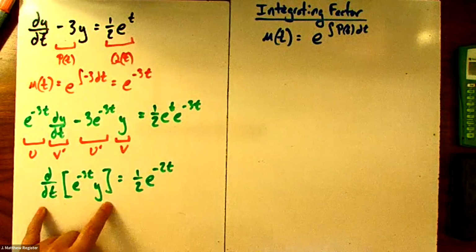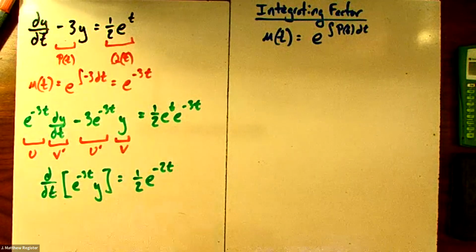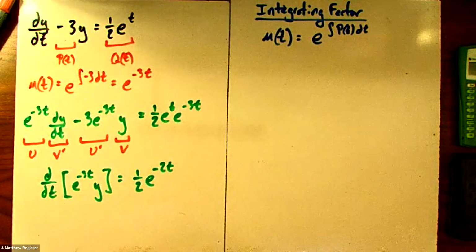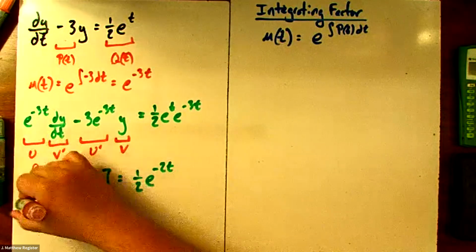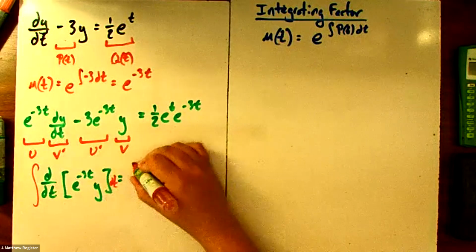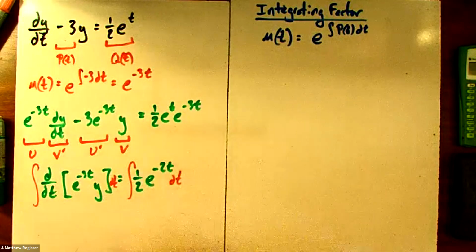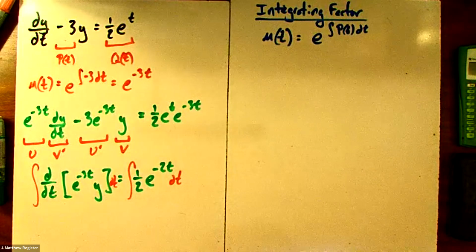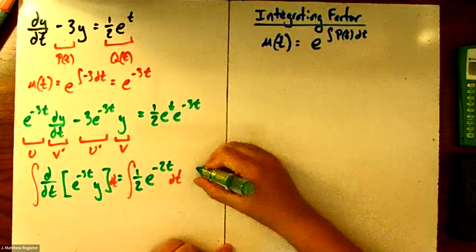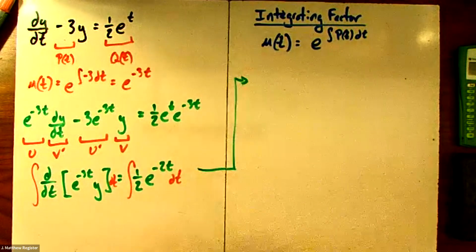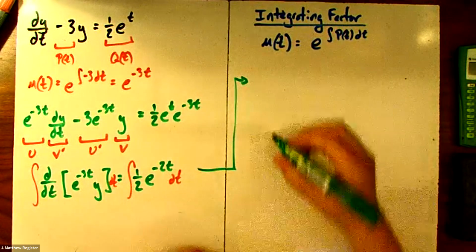And now we have a derivative, and to undo a derivative, we need to integrate. And so we will integrate with respect to t. Well, on the left side, the derivative just goes away.